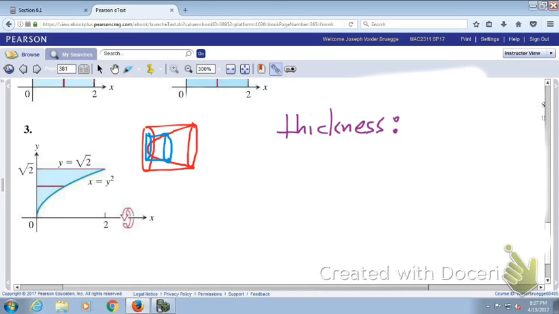So what is my thickness here? Thickness is dy. For a shell, we have a radius and a height.